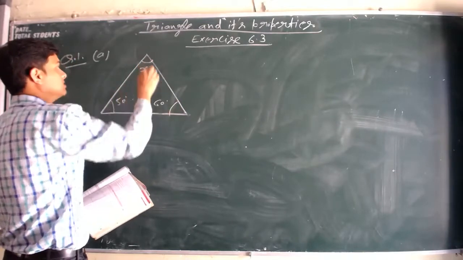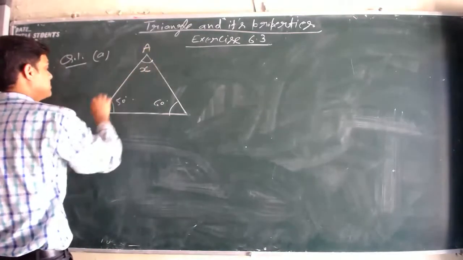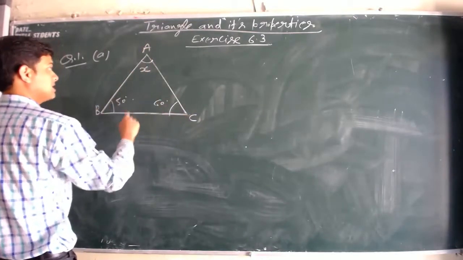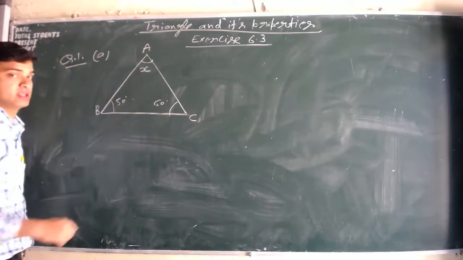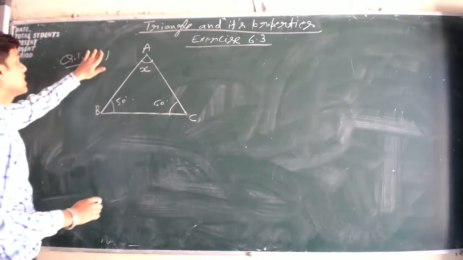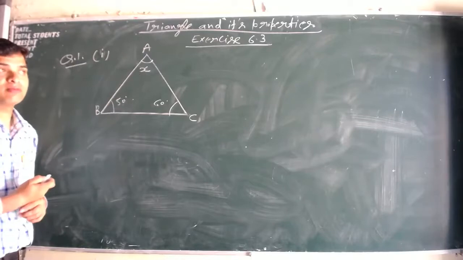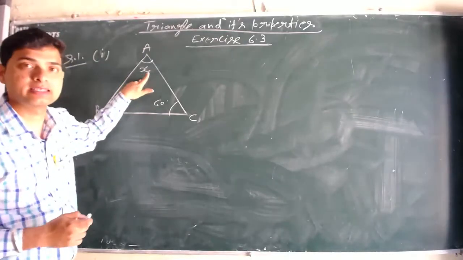We have this figure in the form of a triangle, the vertices are A, B, C, and the angles are x, 50 degrees and 60 degrees according to part A. Now we have to calculate the value of x, it means the value of angle x.